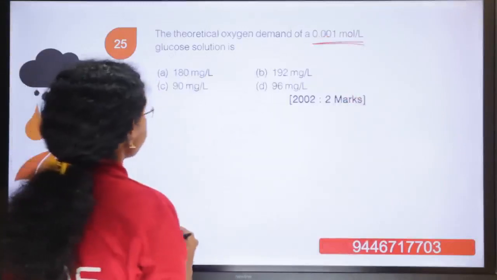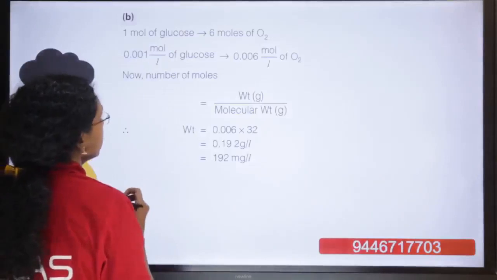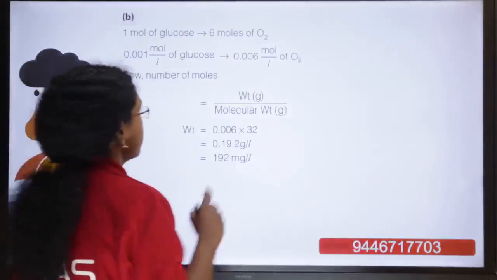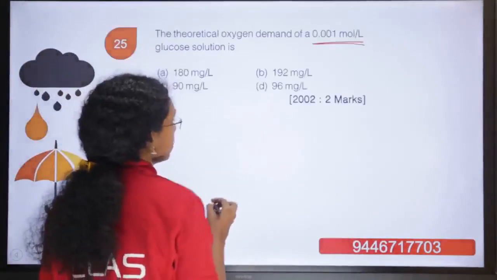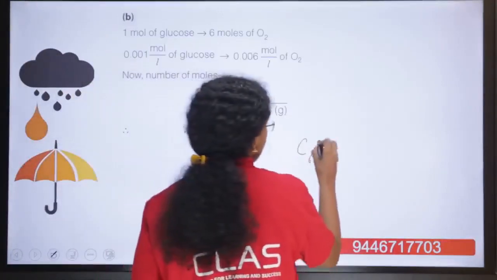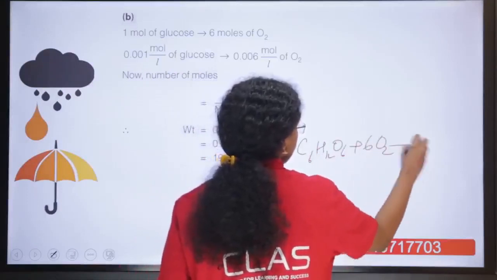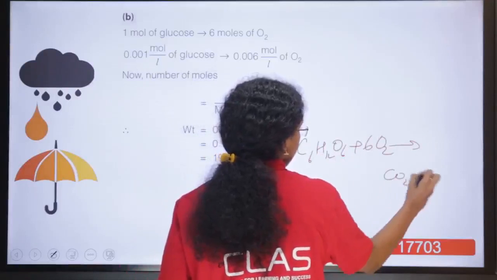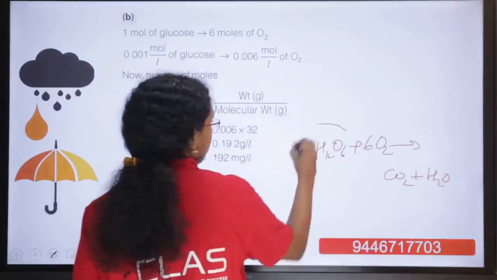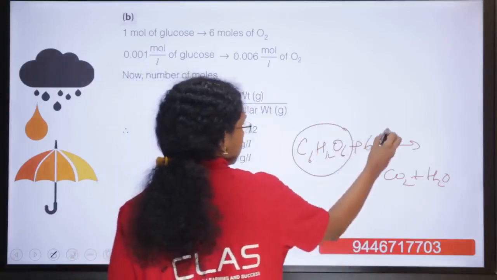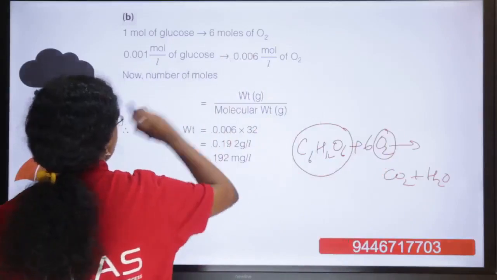If you look at the equation which we studied earlier, C6H12O6 plus 6 oxygen molecules combine together to form CO2 plus H2O. So, 1 mole of glucose combines with 6 moles of oxygen.